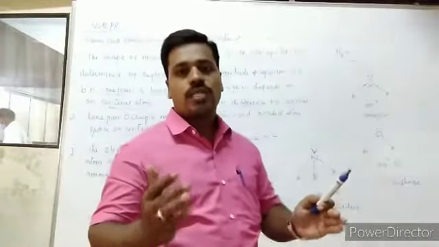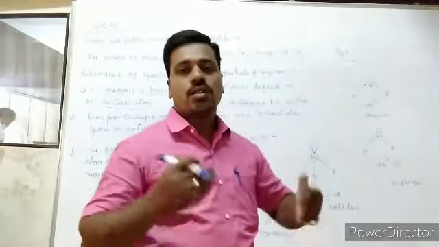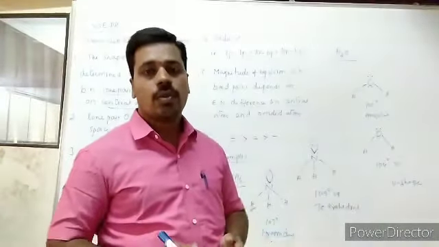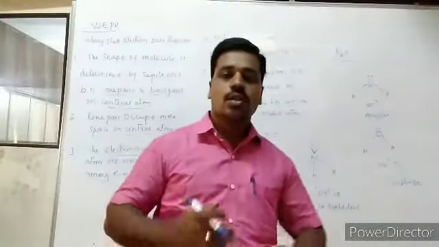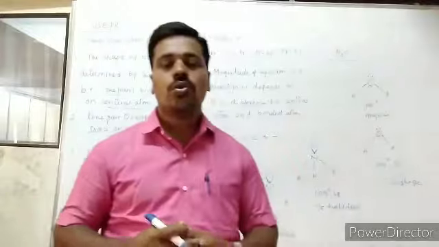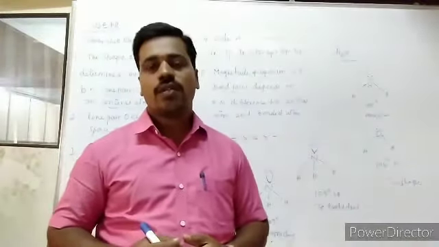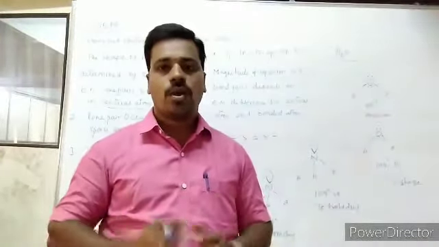So based on VSEPR theory, the shape and bond angle may be changed. Why? They may be changed due to repulsions between lone pairs and bond pairs.